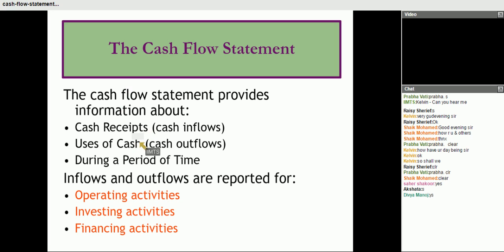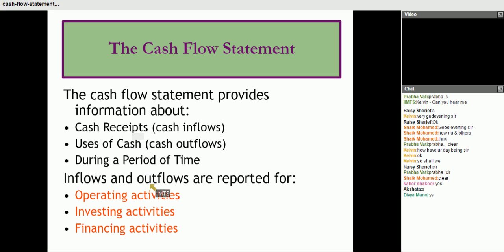Usage of cash, where the organization is spending their money, is known as cash outflow, and during a period of time. It means that if we want information about a particular period of time, from when to when the organization has spent their money, or about the cash inflow or the cash outflow, we can also get that information.